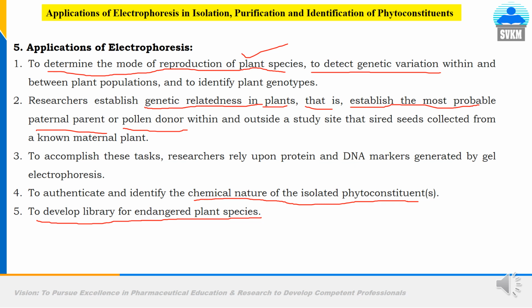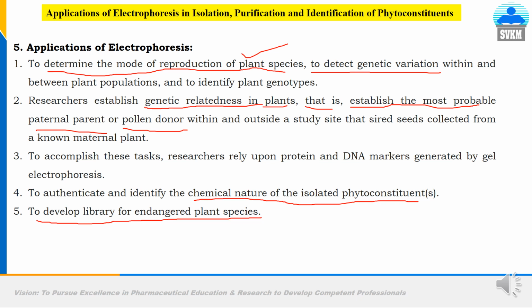So, in short, electrophoresis is a technique which separates, purifies, and identifies phytoconstituents or plant materials and the plant DNA, proteins, nucleic acids, and amino acids by the application of an electric field.